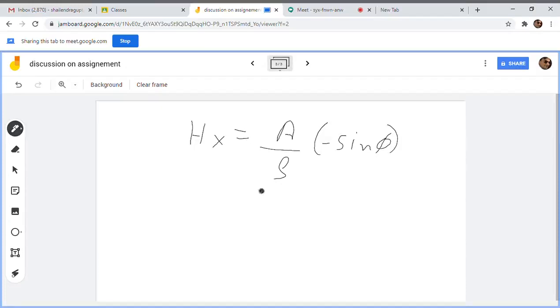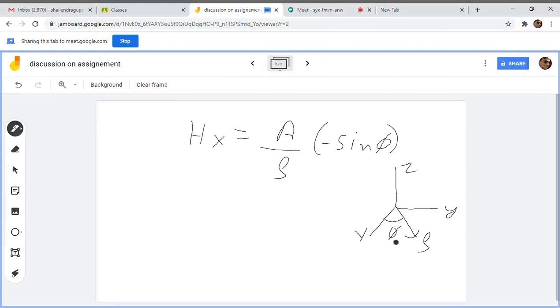Now mind you, this is not complete Hx, because Hx should be an explicit function of x, y, z. It means we have to convert this sin phi and rho into x, y, and z. So how can we do that? Let us draw the coordinates. This is rho, this is phi, this is x, y, and z. So what will be sin phi?